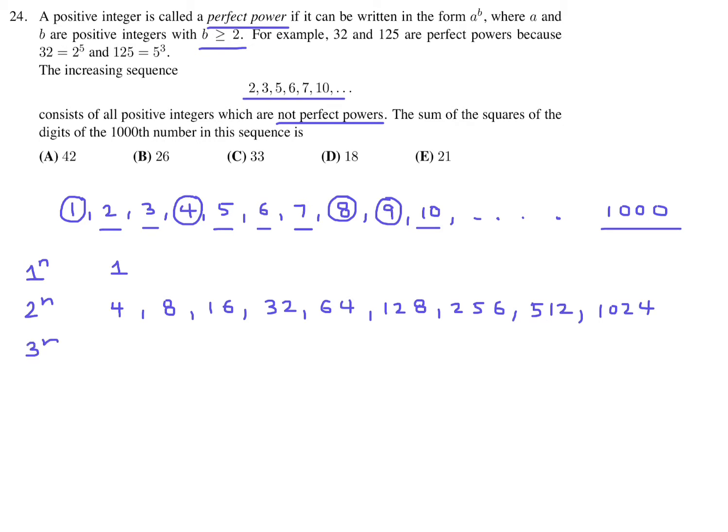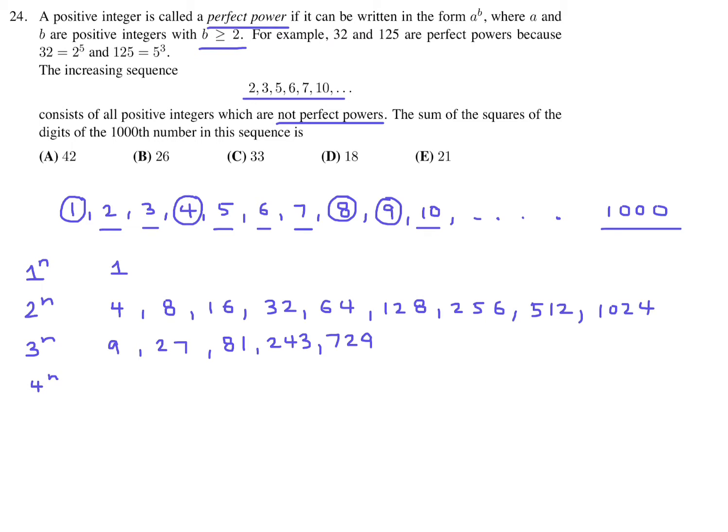Let's see here. 9, 27, 81, 243, 729, and I think that's it. We don't need to go further than that because if we do, it'll be much greater than 1,000.